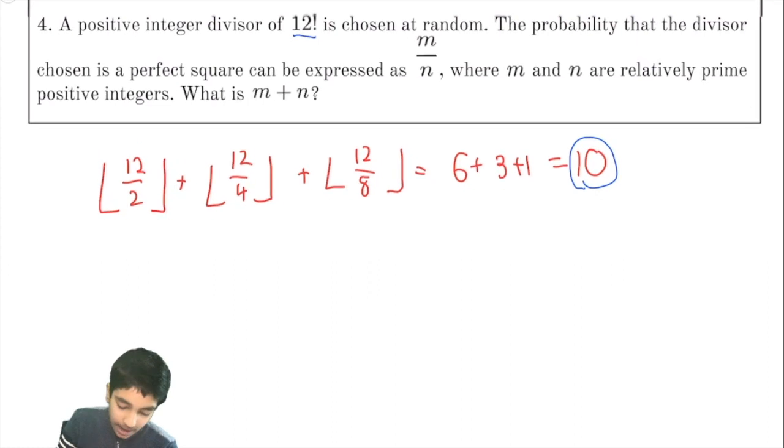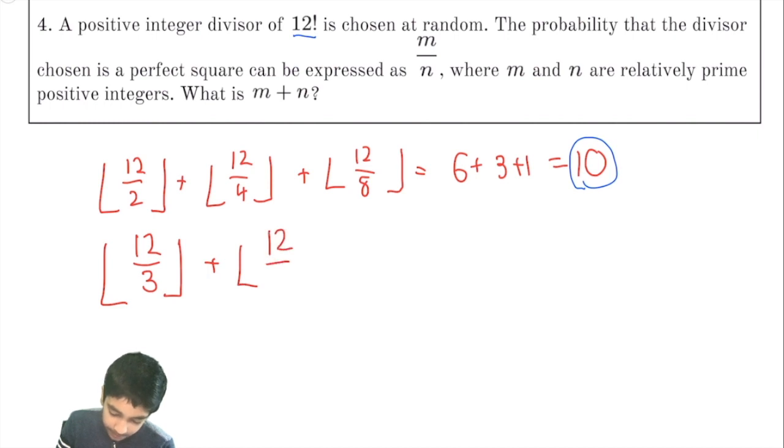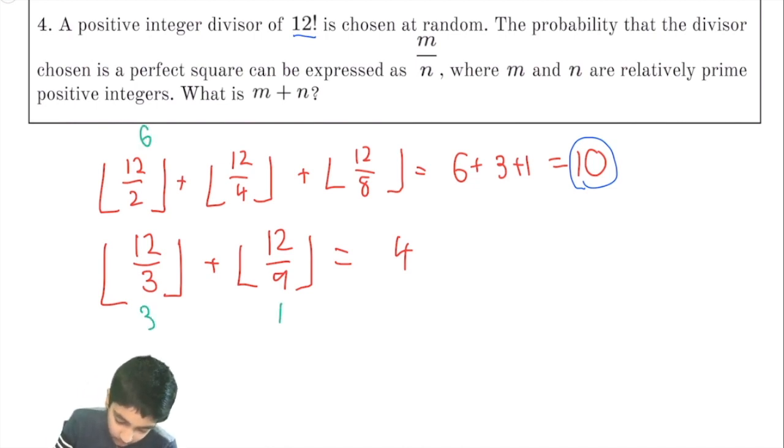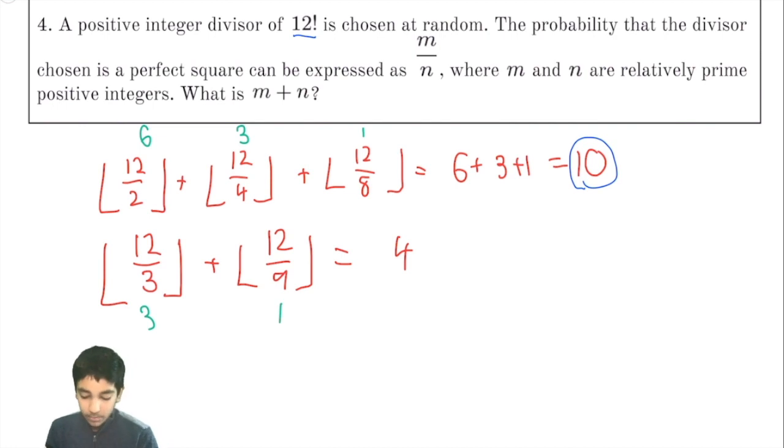And then for 3, it's going to be 12 divided by 3 plus 12 divided by 9, which is 4 plus 1, equal to 5... let me just write it: 3 plus 1 equals 4 factors of 3. So we have 4 factors of 3 and 10 factors of 2. Now what about for 5?